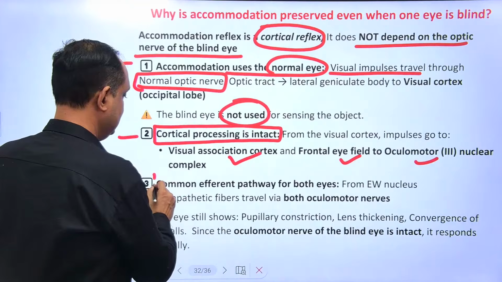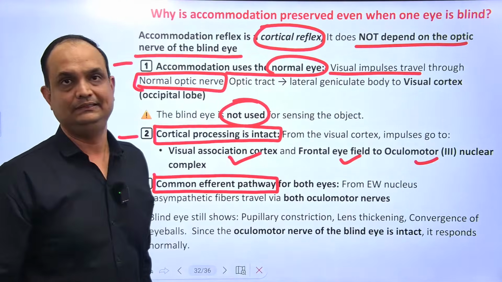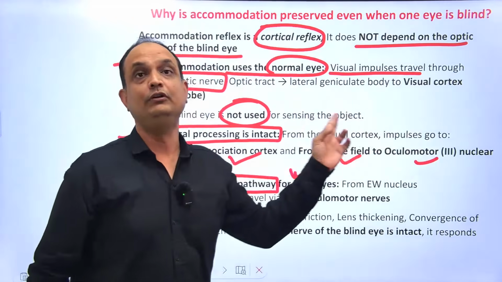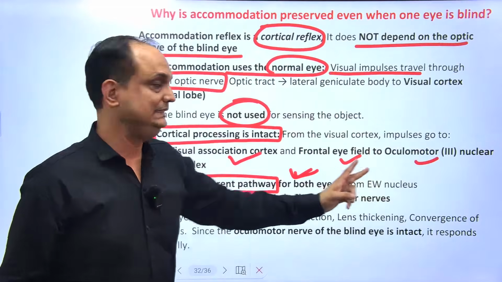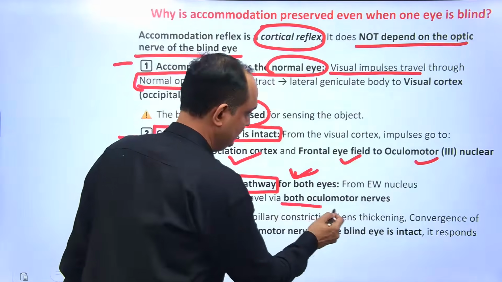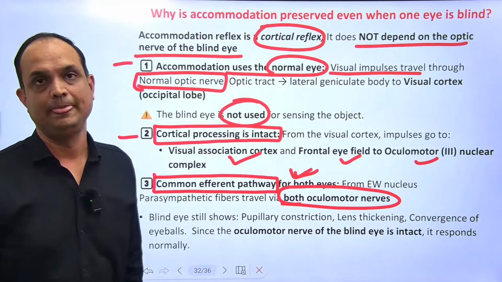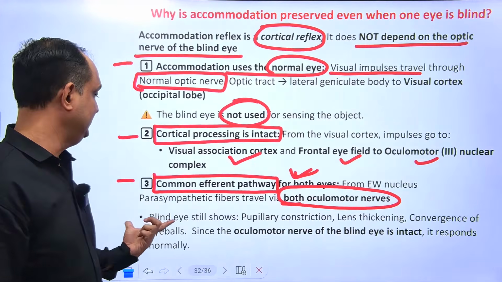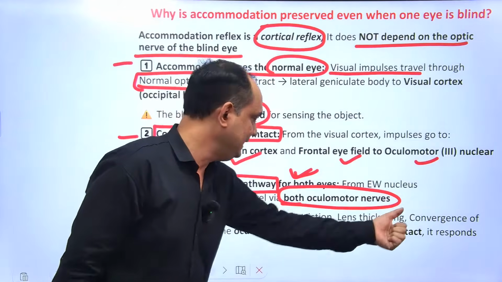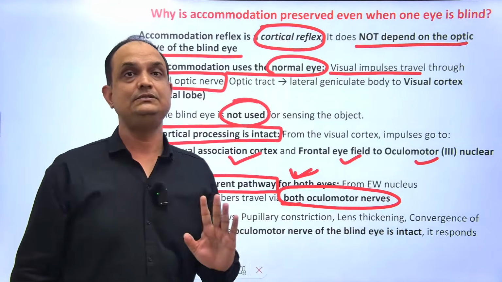The third reason is the common efferent pathway for both eyes. That means there is a bilateral connection between the oculomotor nerve nuclei. Because of this, the common efferent pathway is there, and there is a connection between the nuclei of both oculomotor nerves. Clear? So the important thing is that the blind eye still shows pupillary constriction, lens thickening, and convergence, since the oculomotor nerve of the blind eye is normal.